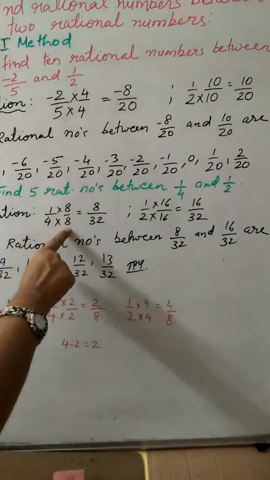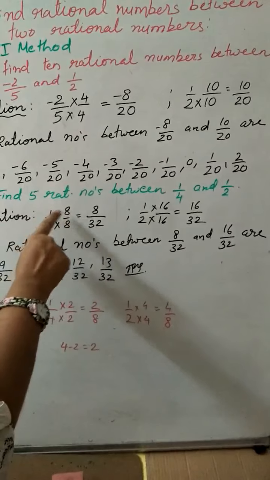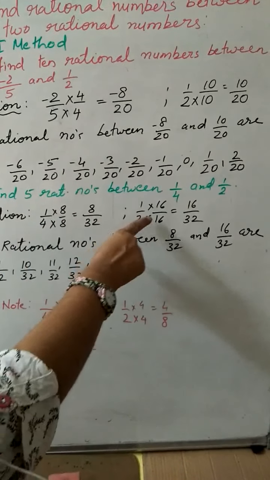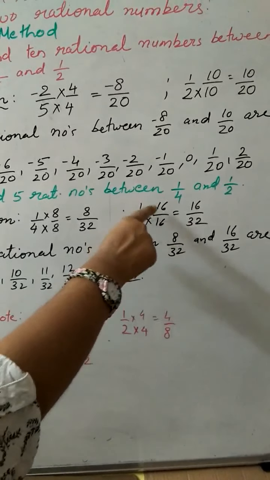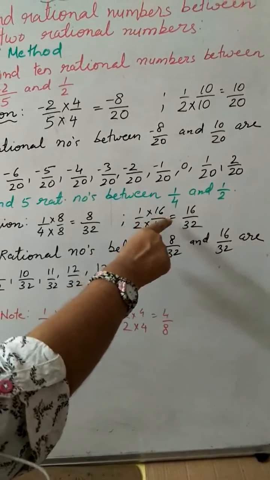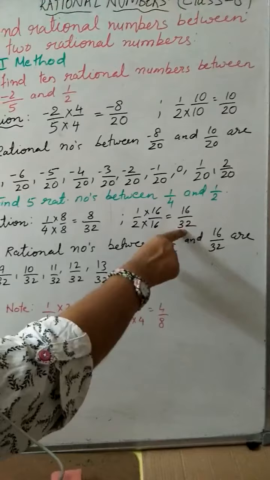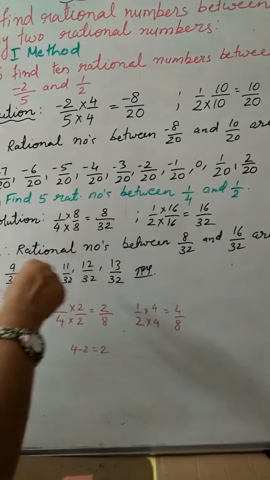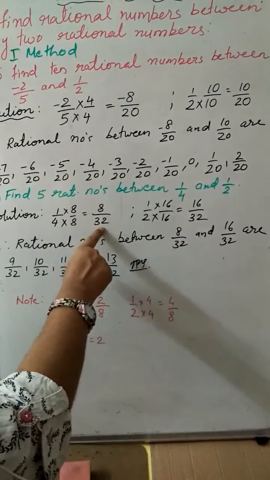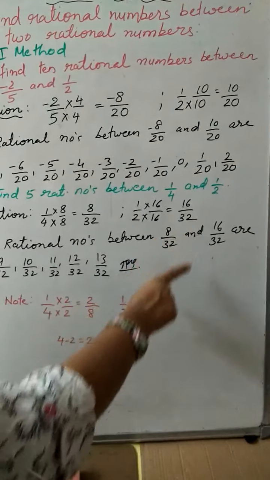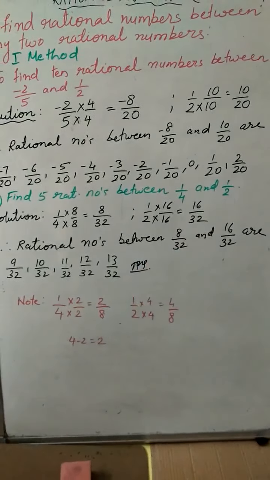So 4 8s are 32 and 1 into 8 is 8. Similarly, to get 32 I have to multiply 1/2 by 16/16, and 1 into 16 is 16. So the fraction will become 16/32. Now you have to find rational numbers between 8/32 and 16/32, which can be given as follows.